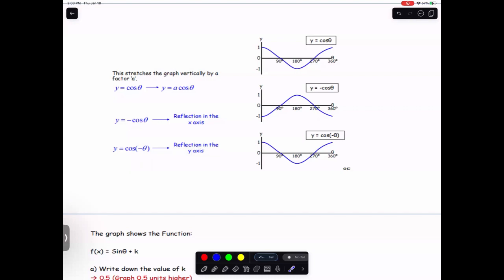It's also similar to y equals negative sine theta. But it is different when we have y equals cos negative theta. So if I have cos negative, for example, 90 degrees, it gives us this point here.